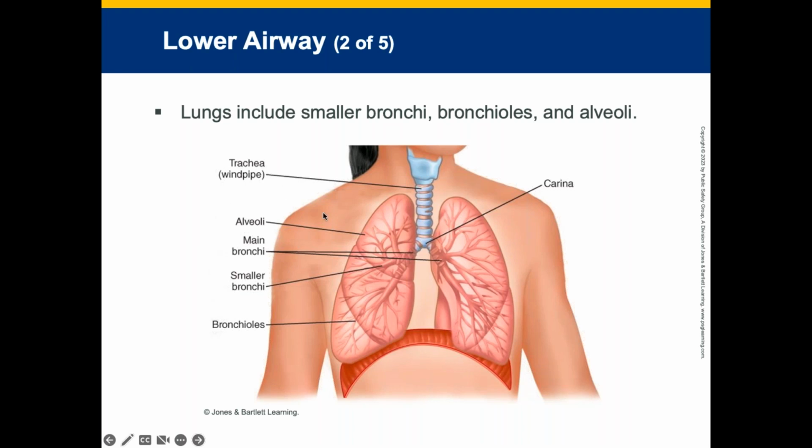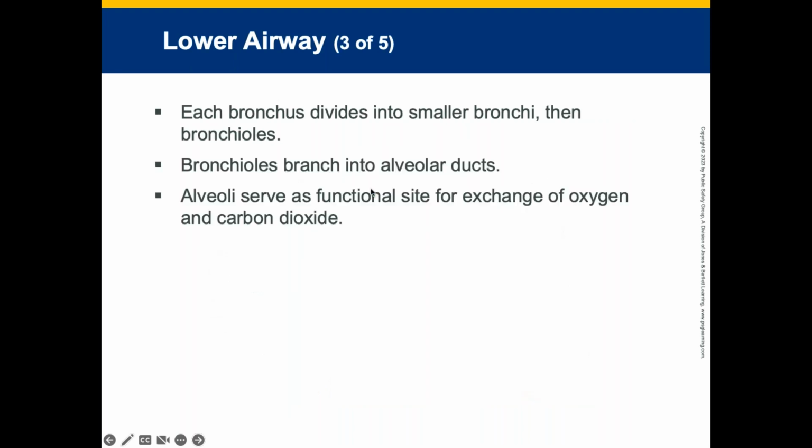And that is where our gas exchange is actually happening. Remember, each bronchus divides into smaller bronchi, then the bronchioles. The bronchioles then branch into alveolar ducts. Remember that the bronchioles are thin, hollow tubes made of smooth muscle, okay? And smaller bronchioles branch into the alveolar ducts that end at alveolar sacs. The alveoli are the functional site of the exchange of oxygen and carbon dioxide.